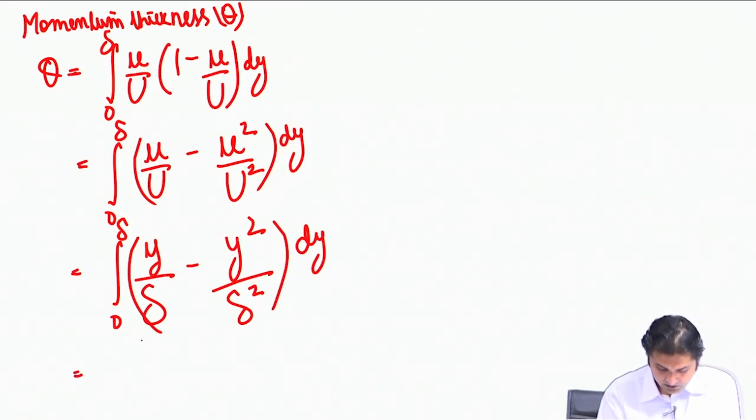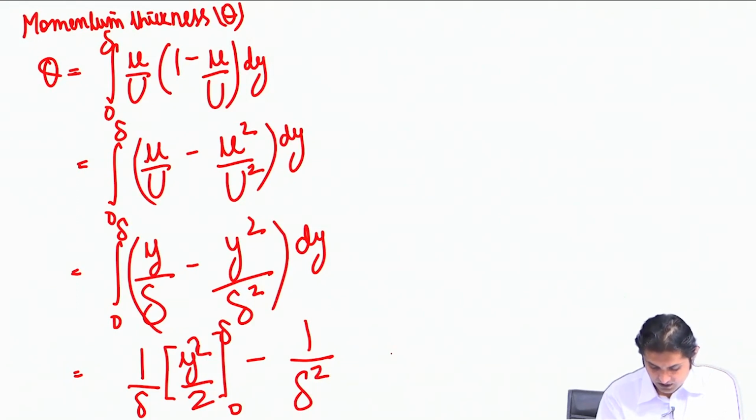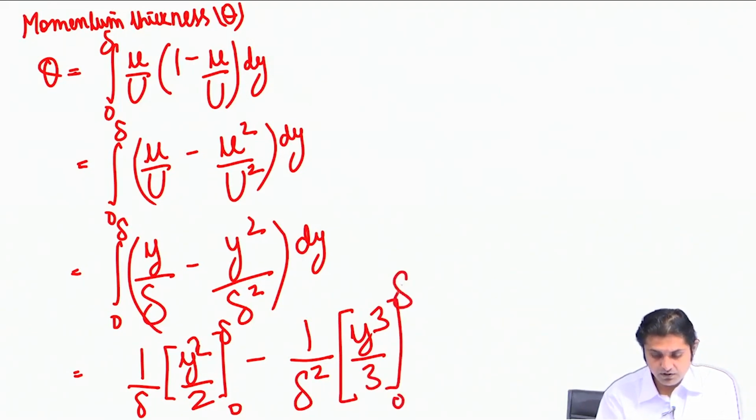of y by delta minus y square by delta square, into dy. Removing the integration sign, 1 by delta would come out, and this is going to be y square by 2, with the limits 0 to delta, minus, this delta square is constant so it comes out, and this becomes y cube by 3, with the limit 0 to delta.